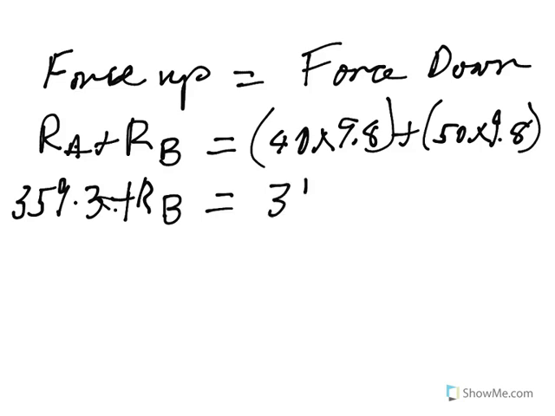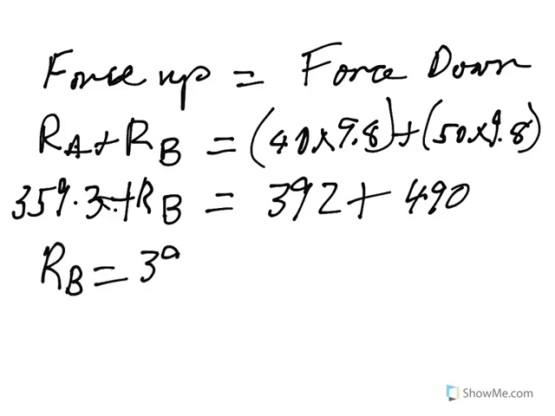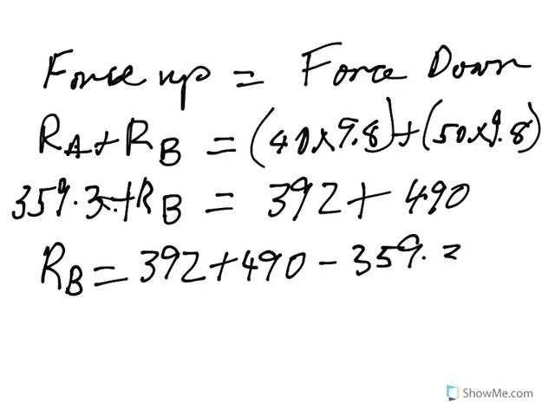40 times 9.8 is 392, and 50 times 9.8 is 490. So when we add those two together, B would be 392 plus 490, minus the 359.3.